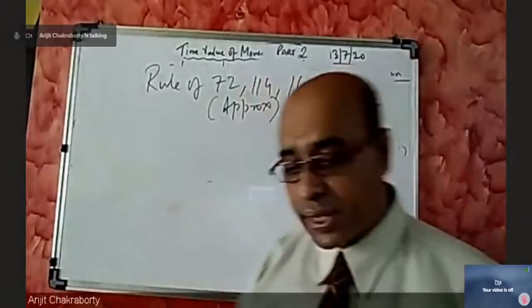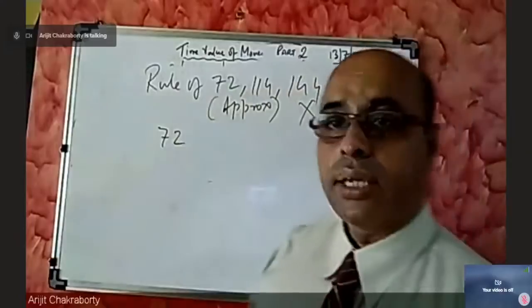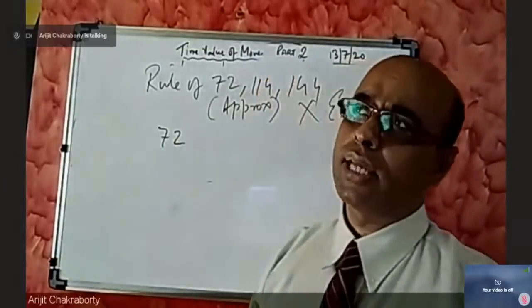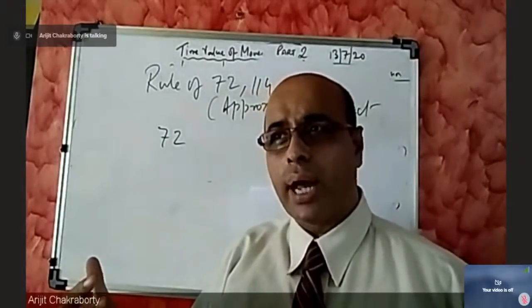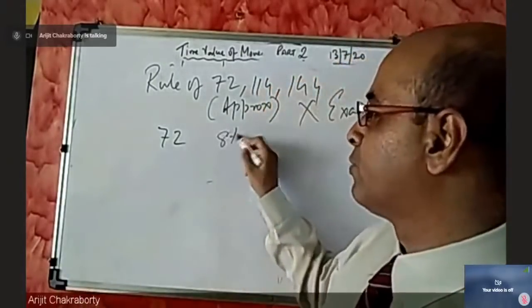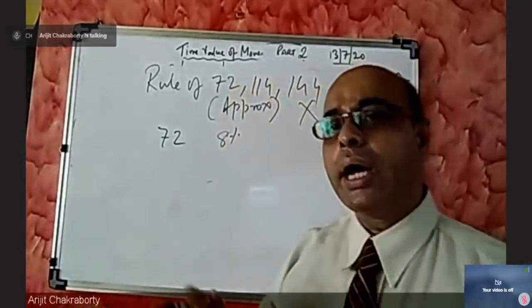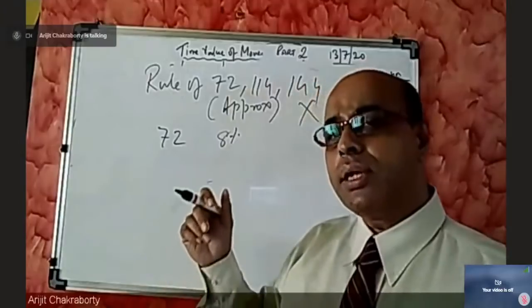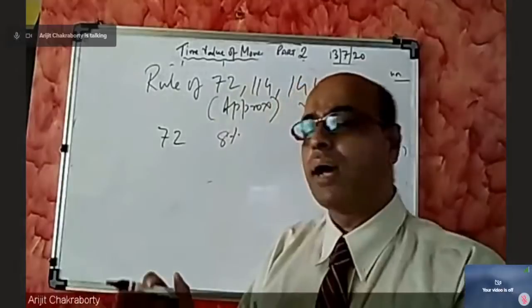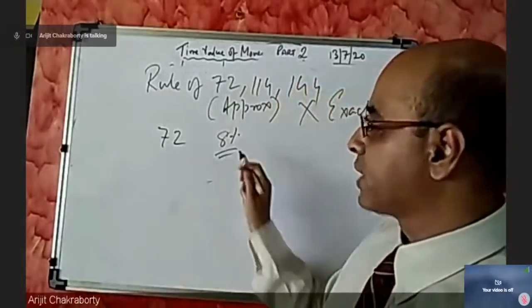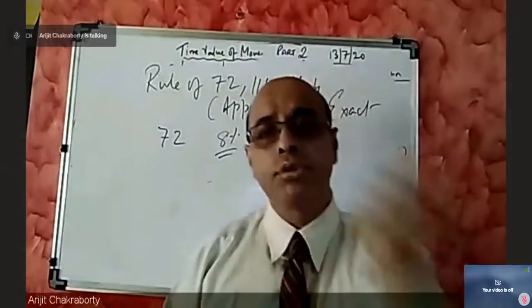The rule is very simple. The rule of 72 says that, for example, if you are earning an interest of 8% on a particular investment and you want to know in how many years the investment will become double. You have 1000 rupees, the interest rate is 8%. In how many years will this 1000 rupees become 2000?